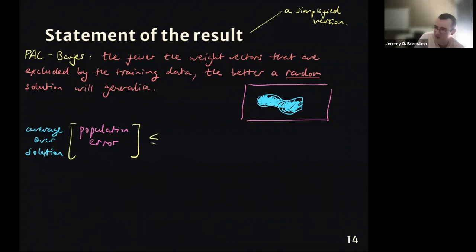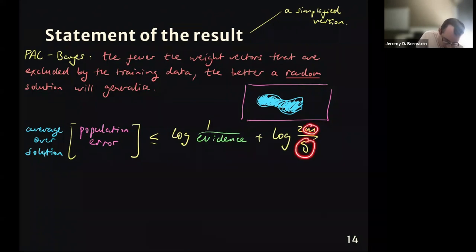A simplified version of the PAC-Bayes result says that this is bounded by log 1 over the evidence, plus a logarithmic term which is small, and you can basically ignore that. It depends on the number of data points and a failure probability. And then it's divided by the number of data points minus 1.